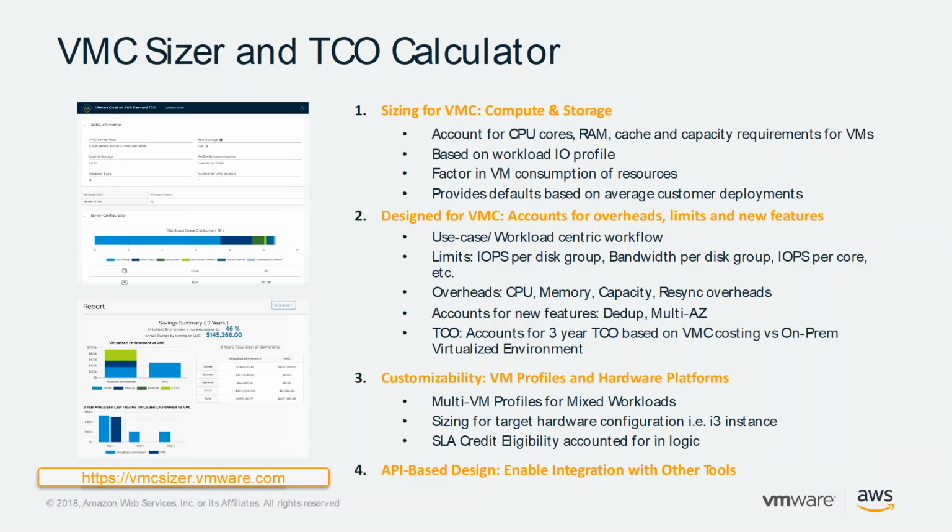What you'll do is you'll put in your specific use cases, limitations on CPU, memory, storage, look at IOPS per disk group, bandwidth, etc. And it will account for all the new features that we have, for example, dedupe and compression and multi-AZ. And we'll give you a breakdown of what the recommendation would be for how many hosts, what type, and what the cost would be for on-demand, 1 year and 3 year.